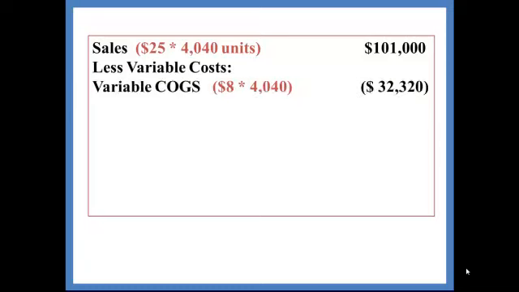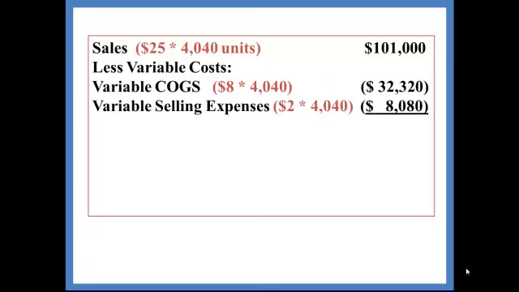Variable costs will increase in direct proportion to activity. To determine the amounts, we can take $8 times 4,040 and $2 times 4,040 for the variable selling expenses. So variable cost of goods sold are $32,320. Variable selling expenses are $8,080. This leaves a contribution margin of $60,600.